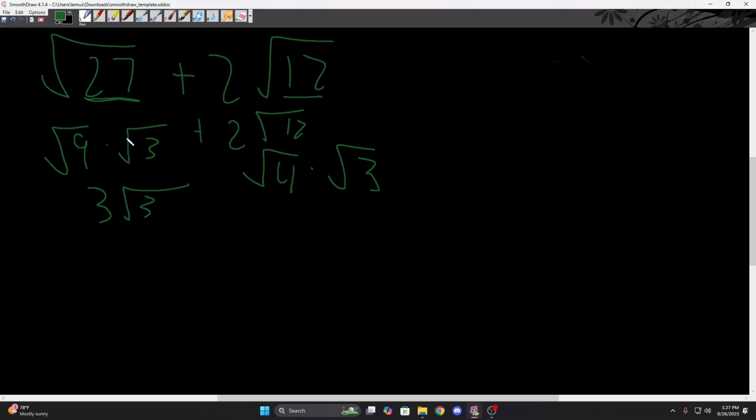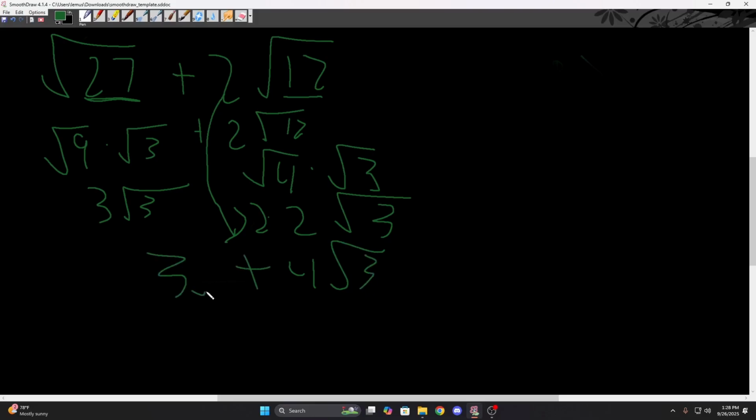And then whatever those 2 numbers you get, you just put a radical on them, right? So now you have 2 radical 3, but you're not done yet because there was a 2 here originally. So what you're going to do is multiply this with this and get 4 radical 3. Then you add these together and you should get 7 radical 3.